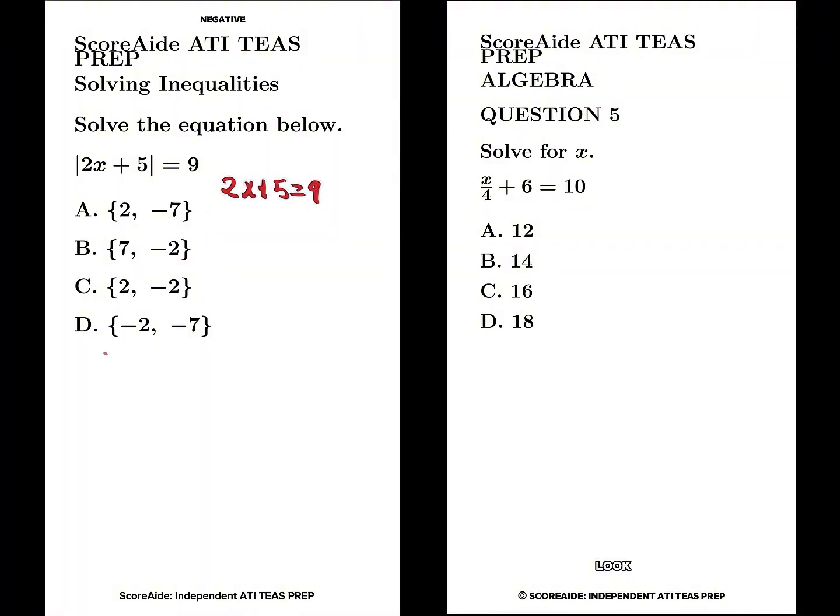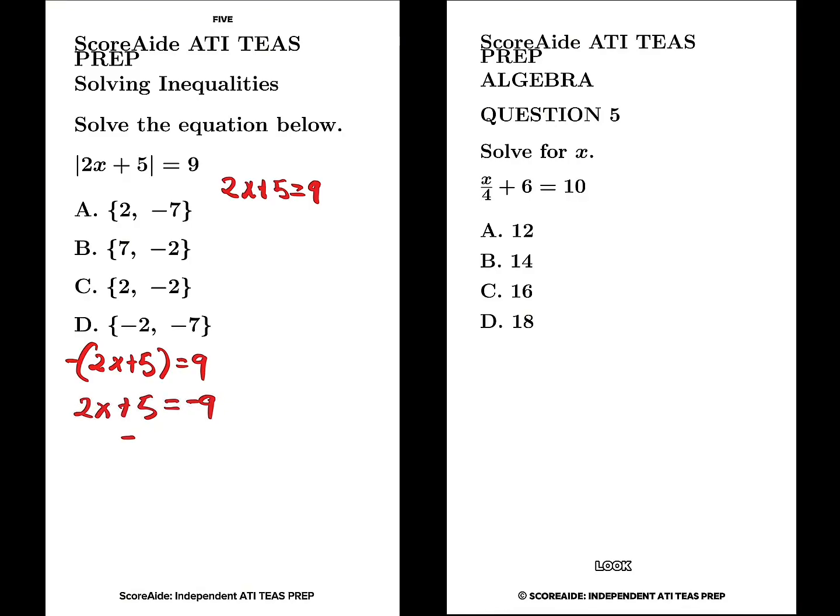And we are going to have the negative part of the equation, which is negative 2x plus 5 equal to 9, right? So let's solve this one first. So I can just rewrite this as, I can multiply both sides by a negative sign, and I will have that, right? Just multiply all through by a negative sign to make everything easy.